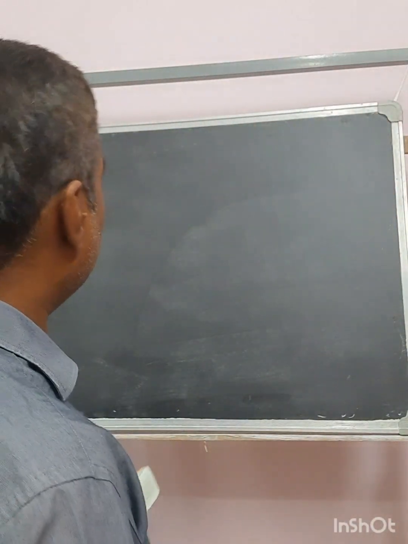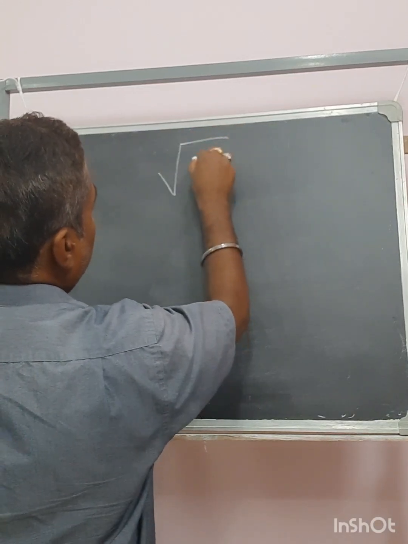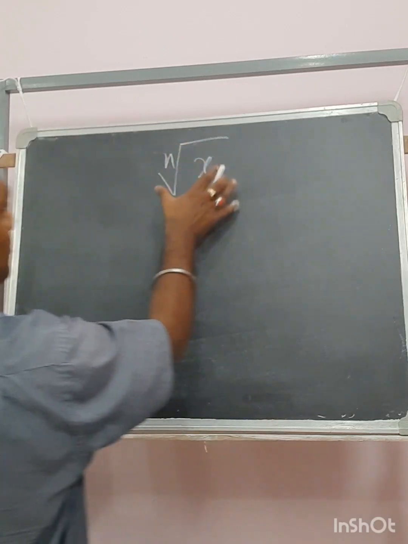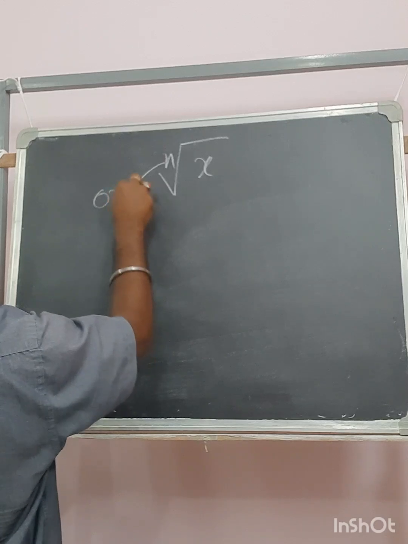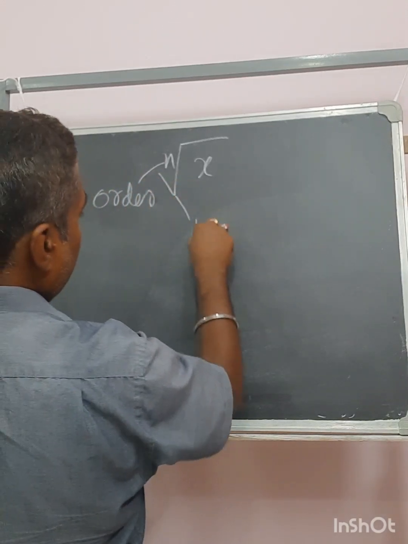So in this class, first I will explain the basic representation of a surd again. This way I represented earlier. I already said this is called the order. This is called the radical.